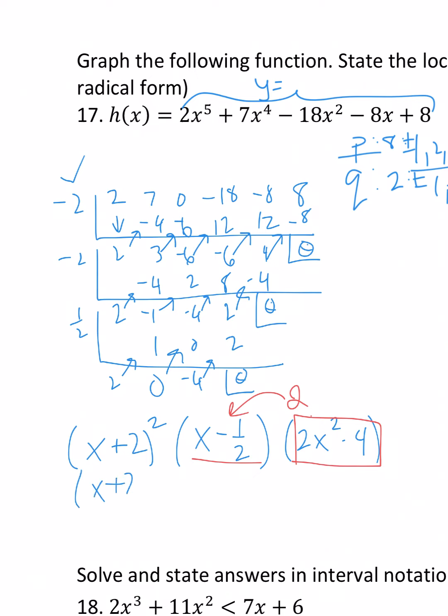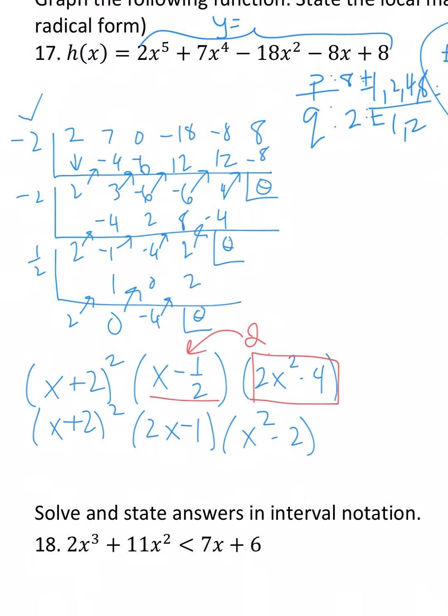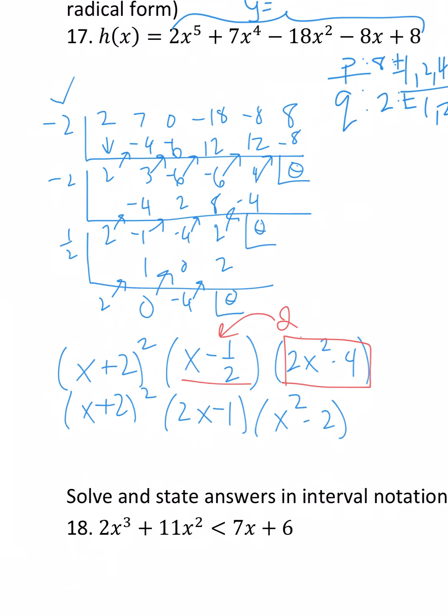So I get x plus 2 squared, and now this function will be 2x minus 1, and this will be x squared minus 2. Now that I have the roots of this and this term, I now need to get the roots of my final term, meaning I get the roots of plus and minus square root of 2, which is approximately 1.4.